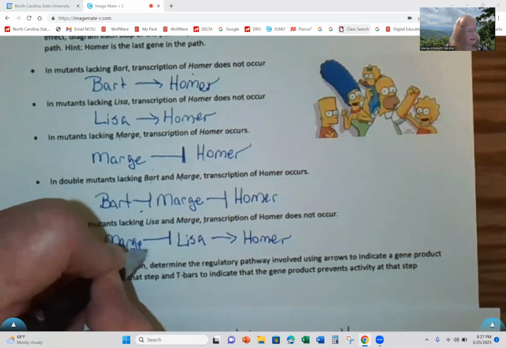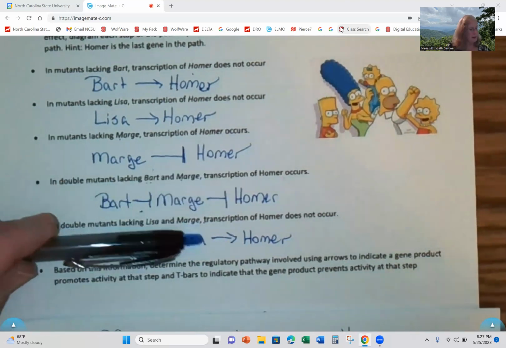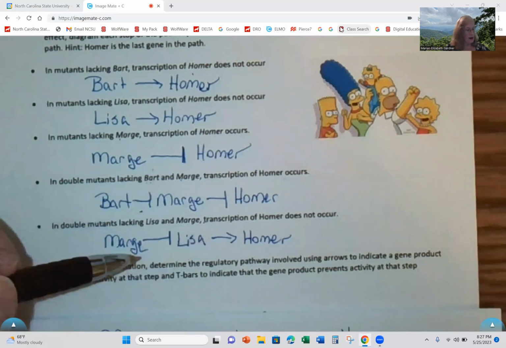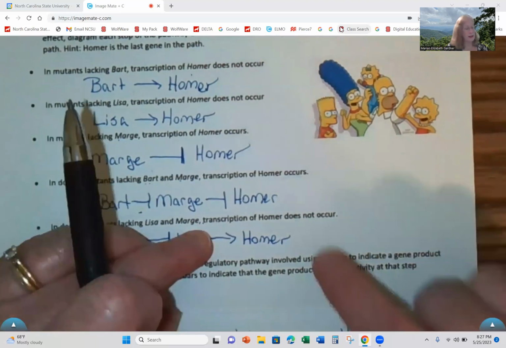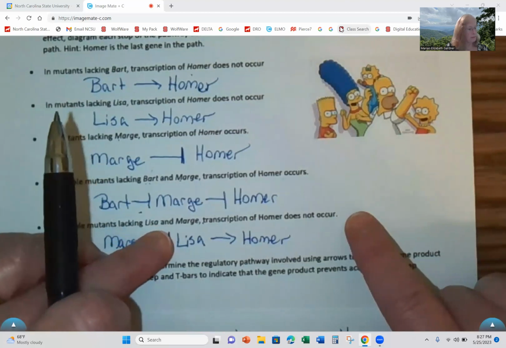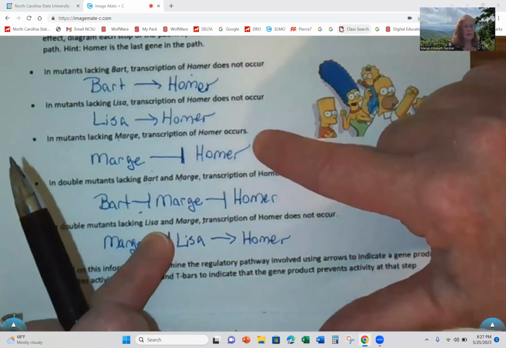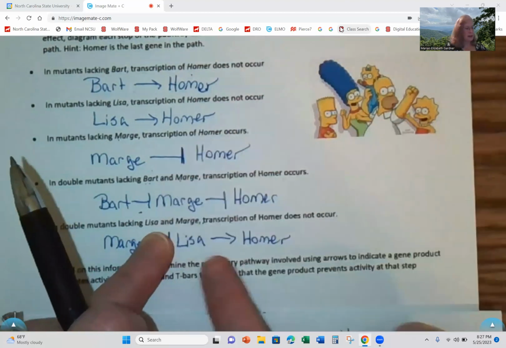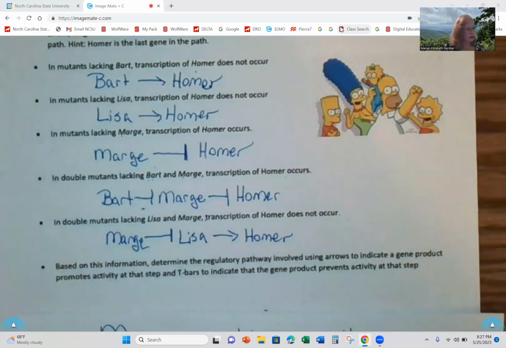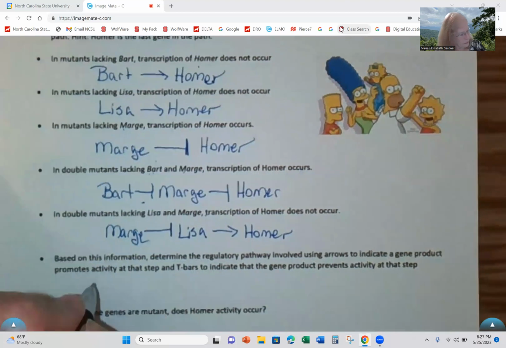Normally, Marge blocks Lisa. If we have the double mutant, then we are not going to get transcription because Lisa can't turn it on. But if we block Marge, Marge doesn't block Lisa, which means we do get Homer being transcribed because Lisa promotes Homer. So that works. So now we can put that together.